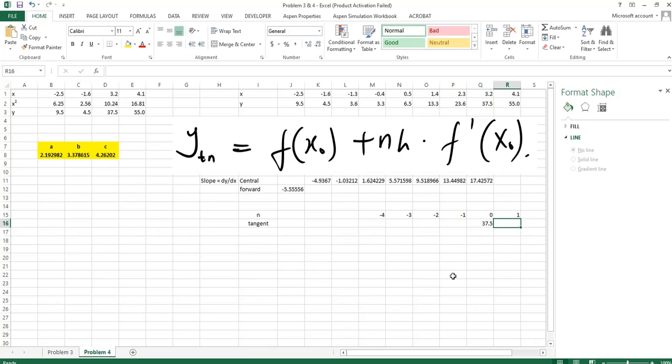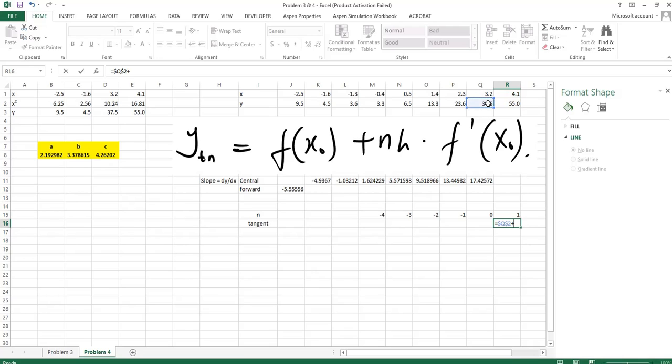So for this point, I will say y, the tangent at that point will be equal to, to calculate this now, let's start from here. I will say this is equal to our f sub 0 is at x equal to 3.2. Just select this, I'll fix it by pressing F4.